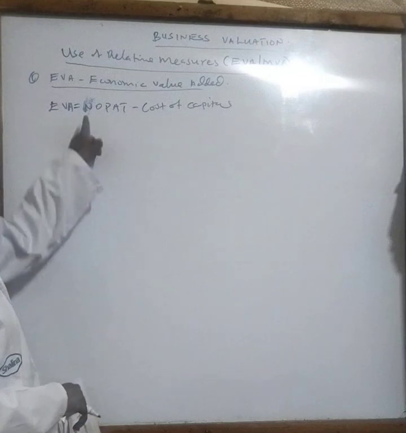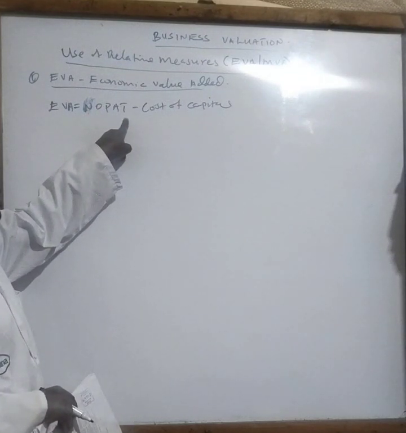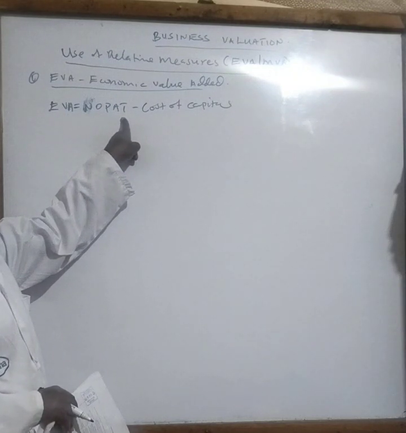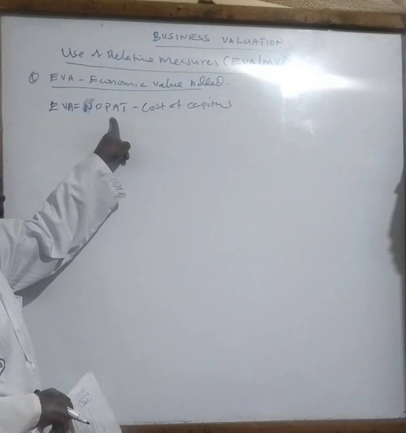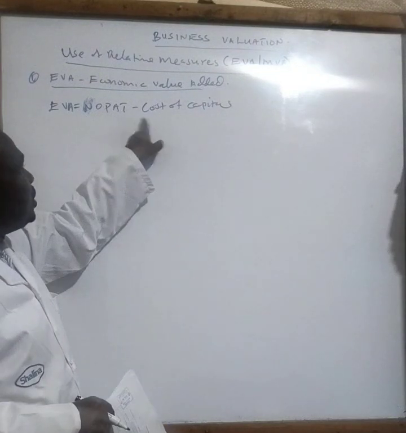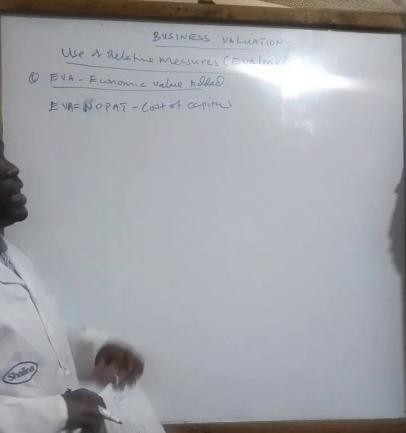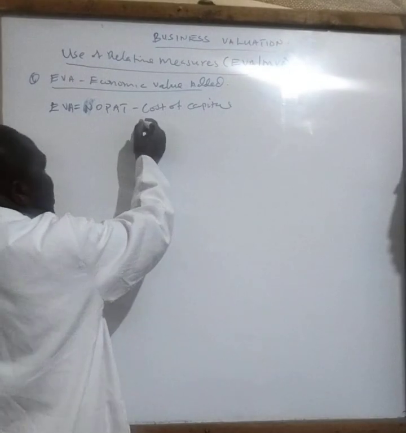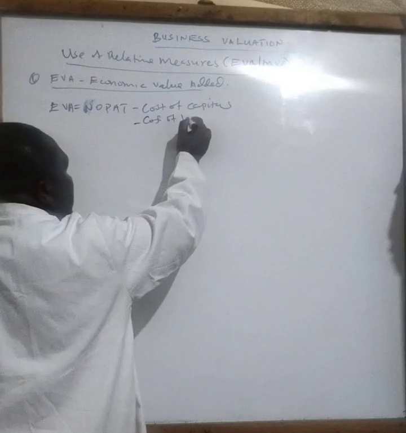Net operating profit after tax is prepared based on the accounting concept. This accounting concept has just given us the value of the organization, but this value is not accurate because it has not captured the cost of investment. If we subtract the cost of investment from the net operating profit, then the answer we get is what they call EVA. And this cost of capital, sometimes we call it cost of investment.